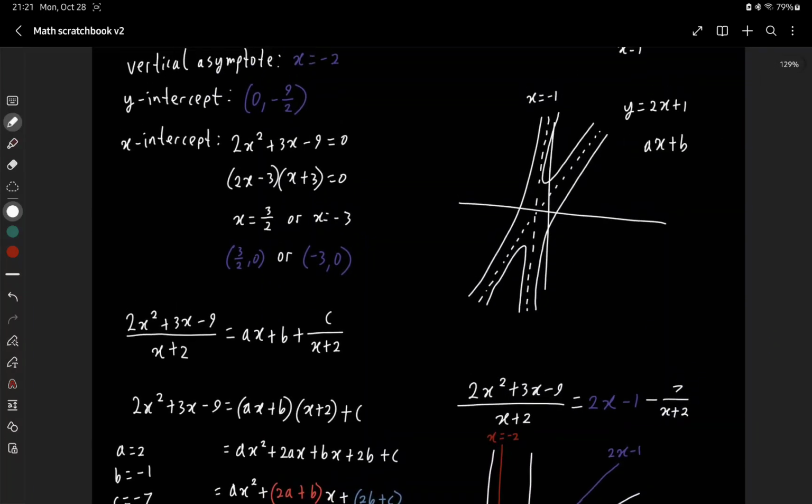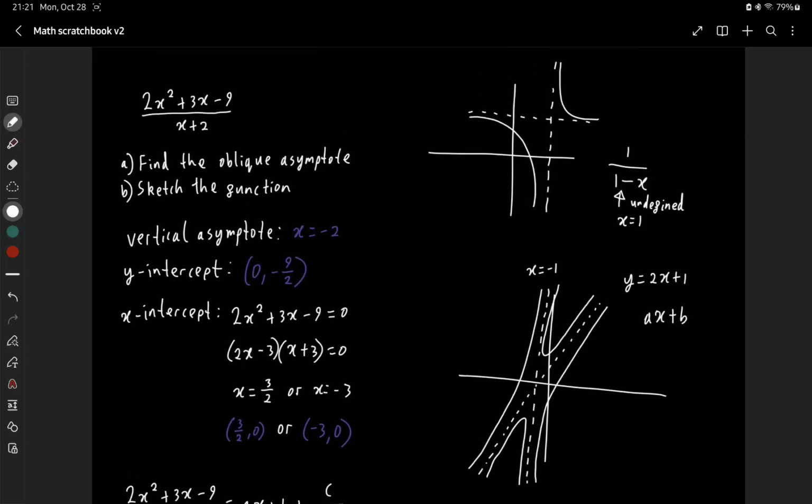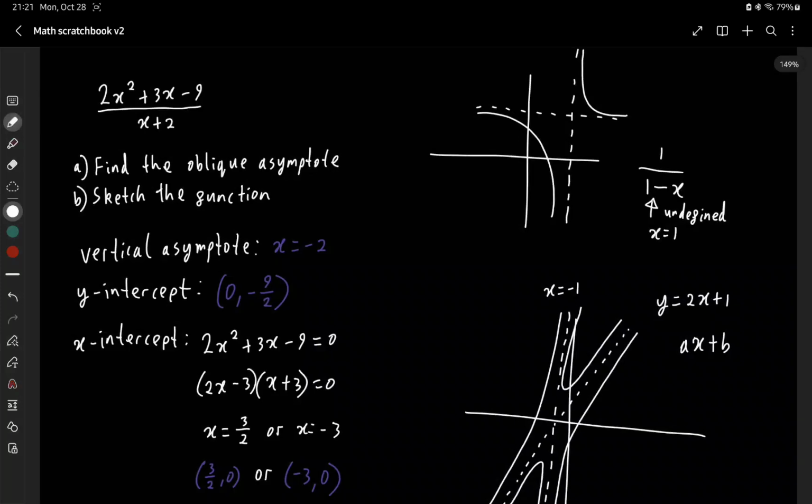So again, reiteration, when you get a function like this and you have to sketch it, first find the vertical asymptote. That's when the denominator is equal to 0, because you can't divide by 0, because that would be undefined. Then you get the y-intercept, set all the x's to 0, that will get you the y-intercept. X-intercept, set the numerator to 0, and you should get 2 values. Sometimes you won't.